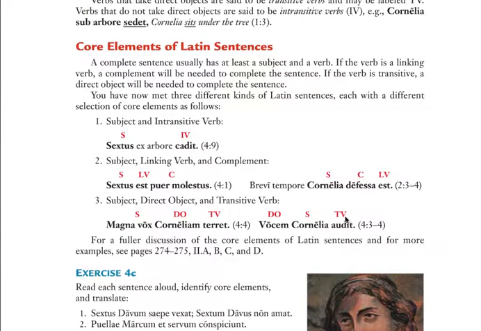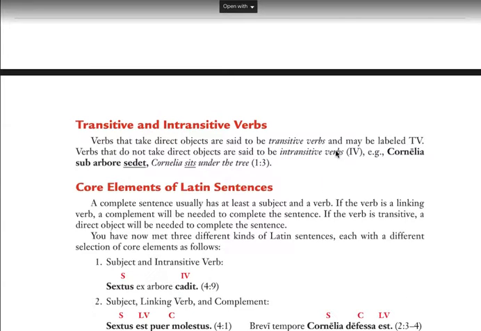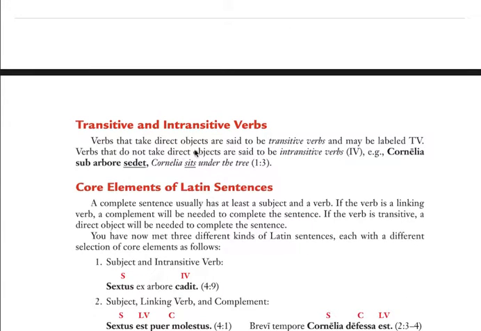You're going to want to label transitive or intransitive verbs. So transitive verbs are verbs that have direct objects, like I kick the ball. The ball is a direct object. So kick is a transitive verb.